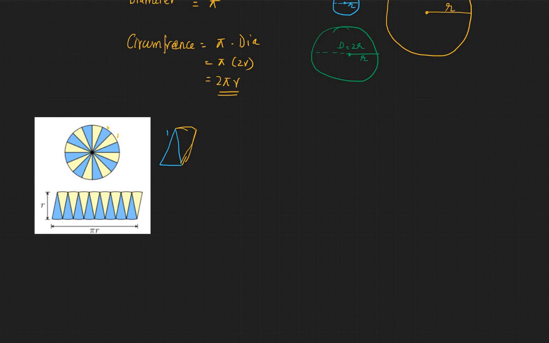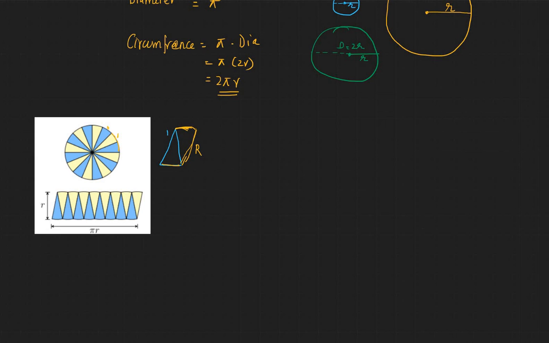This forms approximately a rectangle of side r, and you have two of these that form one rectangle.